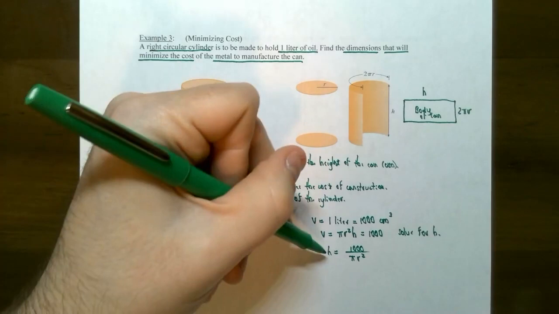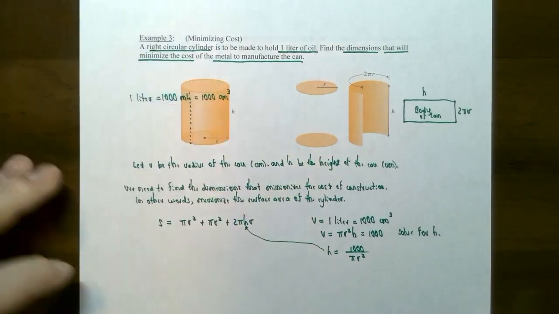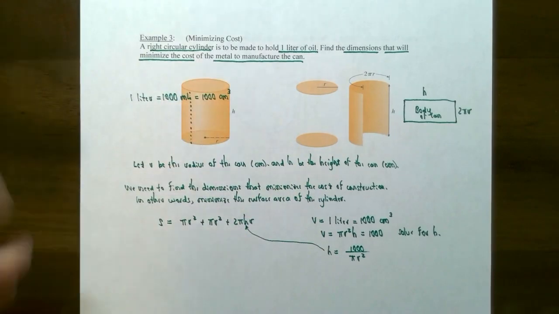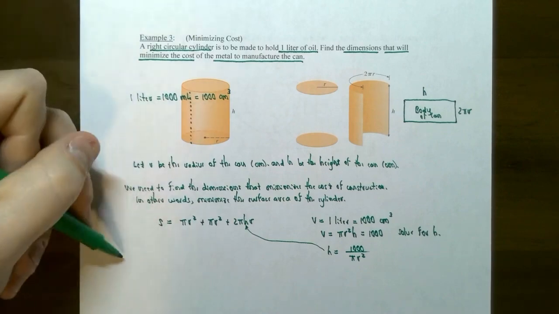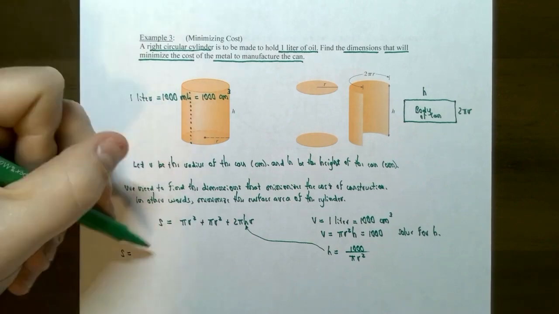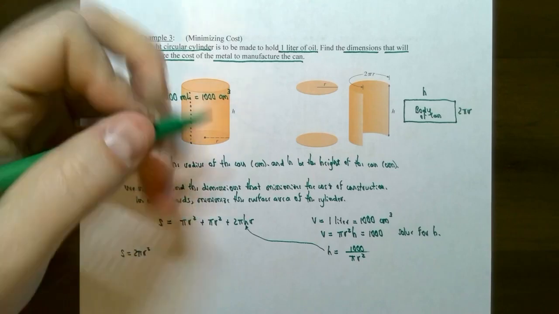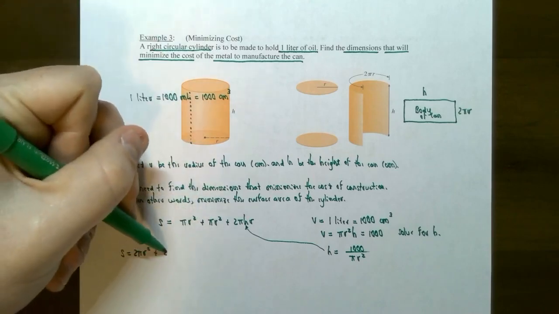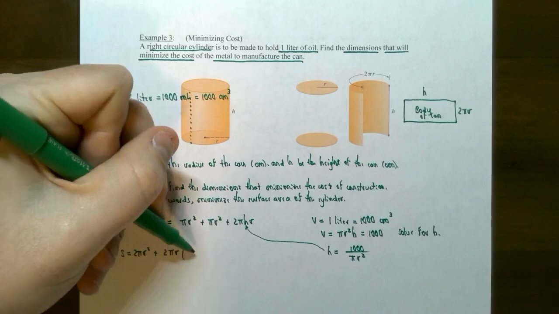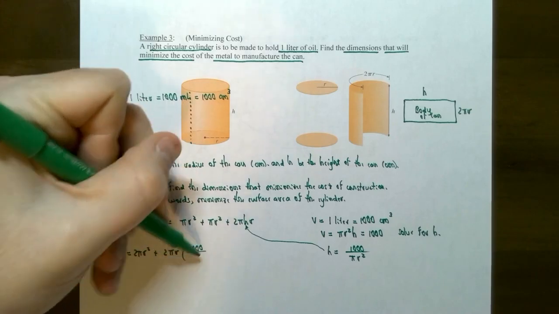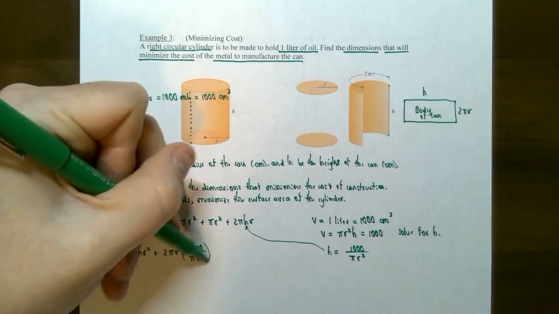Okay, so that means replace the h in the surface area with 1,000 divided by pi r squared. So the surface area will be 2 pi r squared, combining the first two terms. And then the last term is 2 pi r times 1,000 divided by pi r squared.